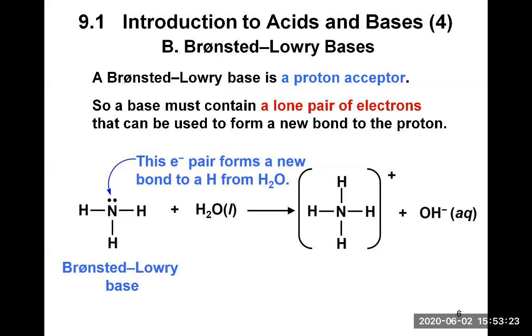That's what ammonia becomes when it accepts a proton. Water in this example acted as the acid by donating an H+. And when water donates an H+, it becomes the OH- ion, the hydroxide ion. That's why on the right, water has become OH-.